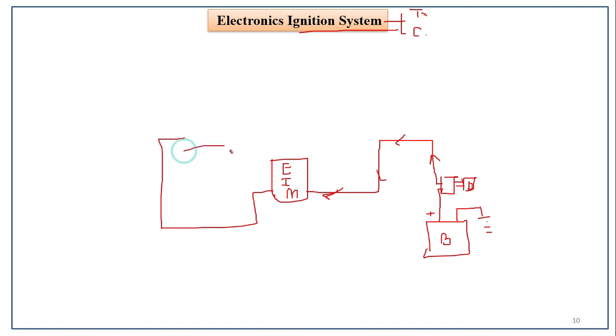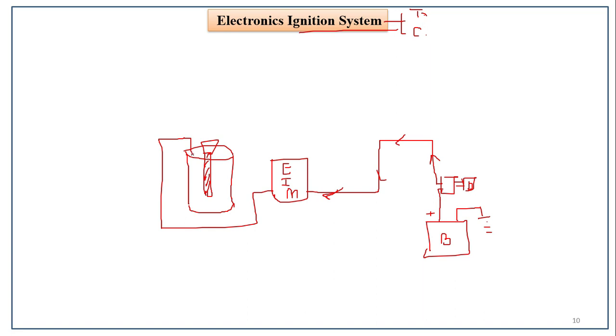This also we have discussed. Here you will find, as in the case of the battery ignition system, we are using this coil. Here also the coil is used, and we know that we basically use an iron core which is mounted centrally, and we connect this to a primary coil.